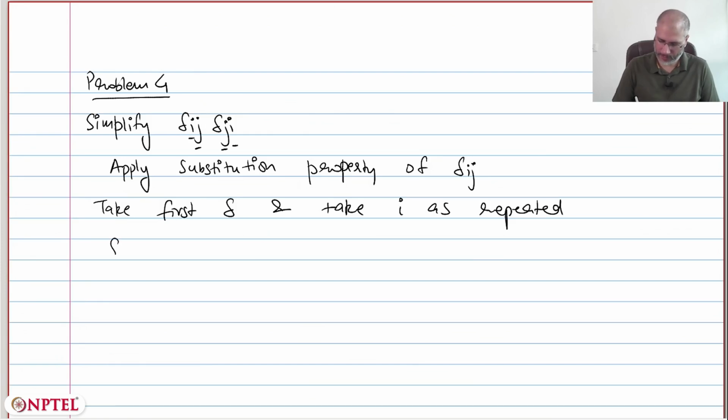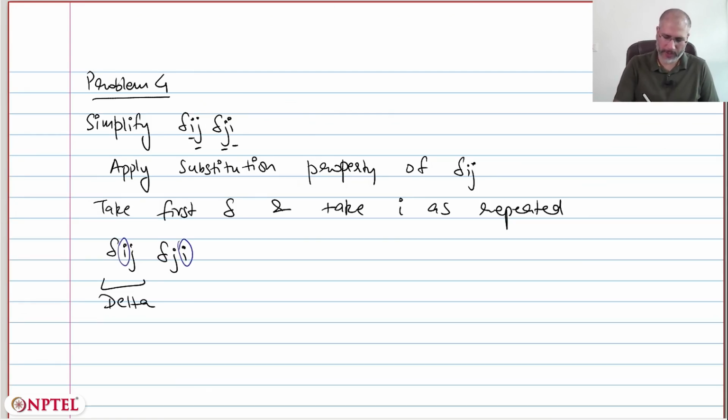So I'll write the expression: delta ij, delta ji. What we have done is we have taken this as the delta and we have taken the index i as the repeated index.